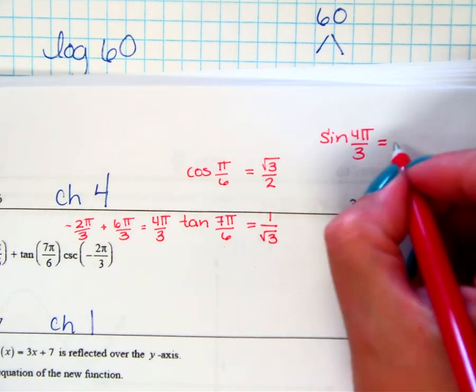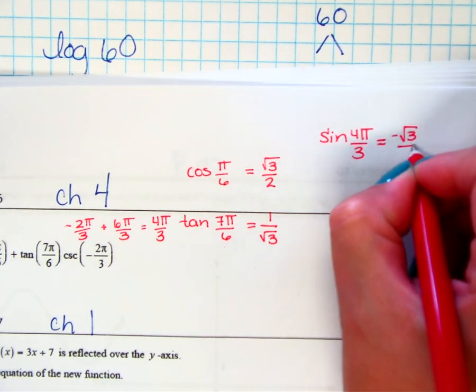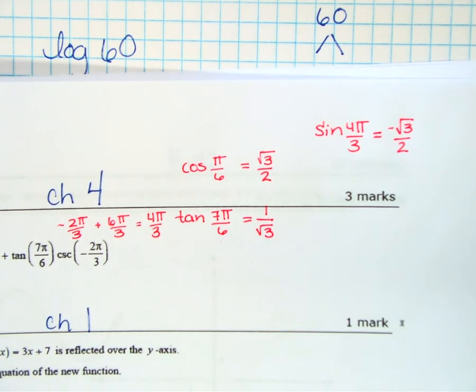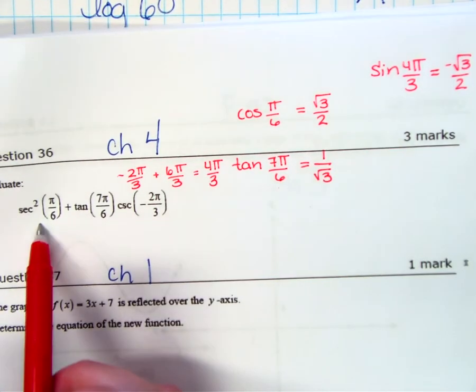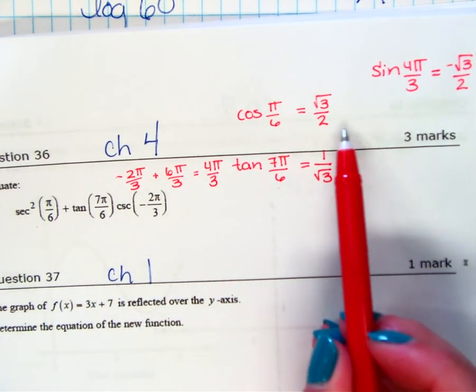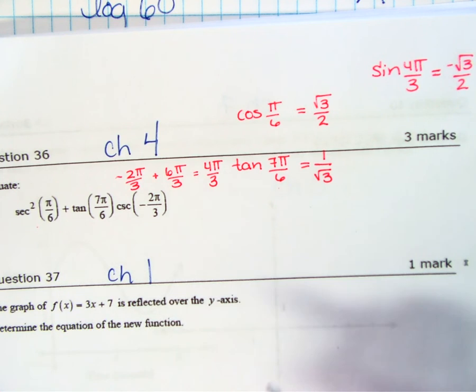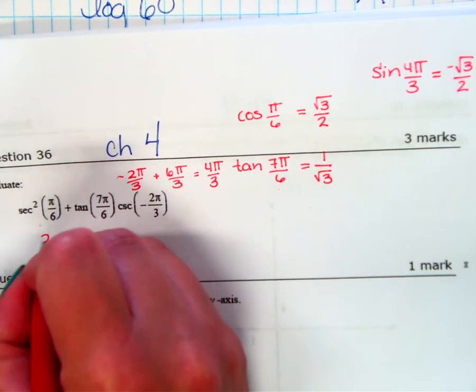It's negative. So once I have that information, doing this shouldn't be too scary, but I have to remember I'm dealing with secant. So if cosine was root 3 over 2, what's secant? 2 over root 3.